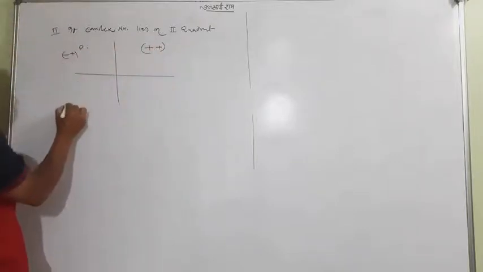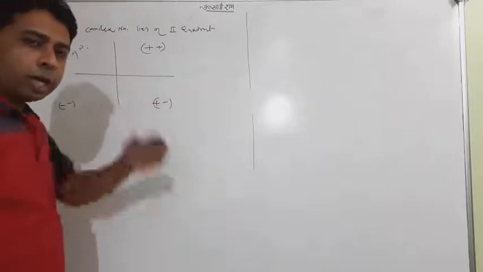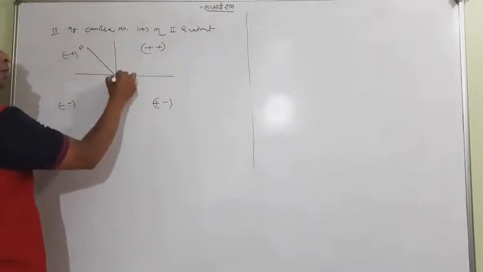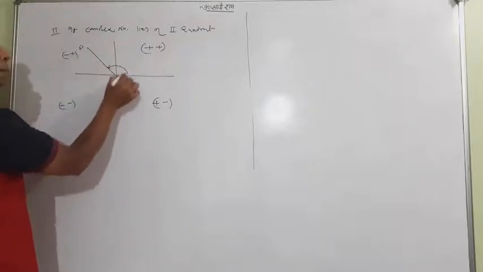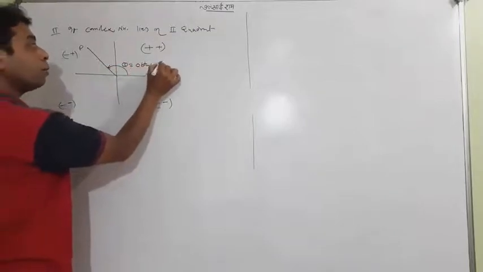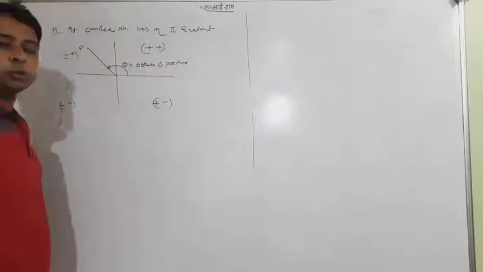You already have this idea. So when the point is lying in the second quadrant and I join it, that time theta must be obtuse and positive. This idea must be with you: obtuse and positive.